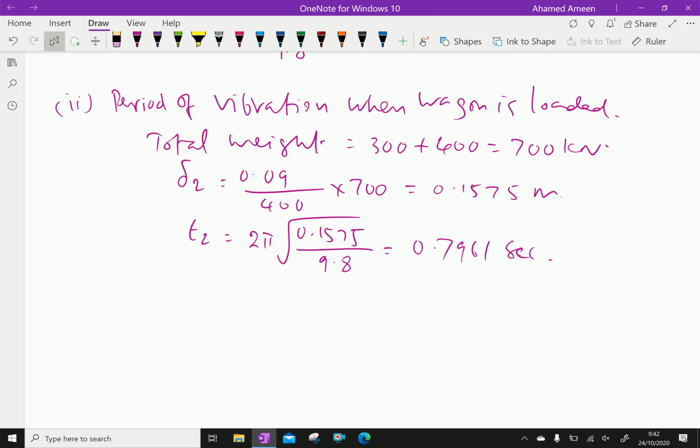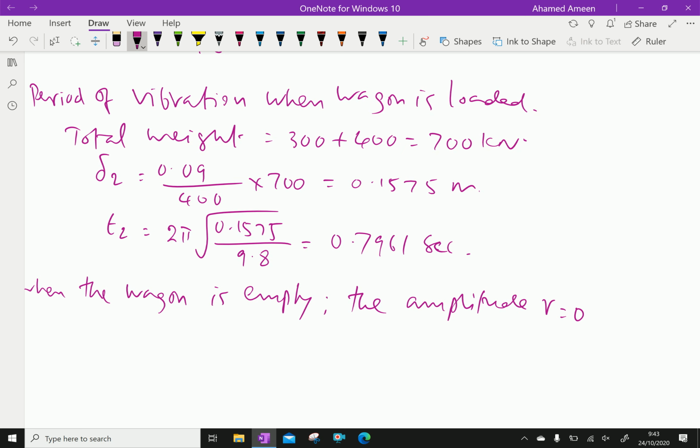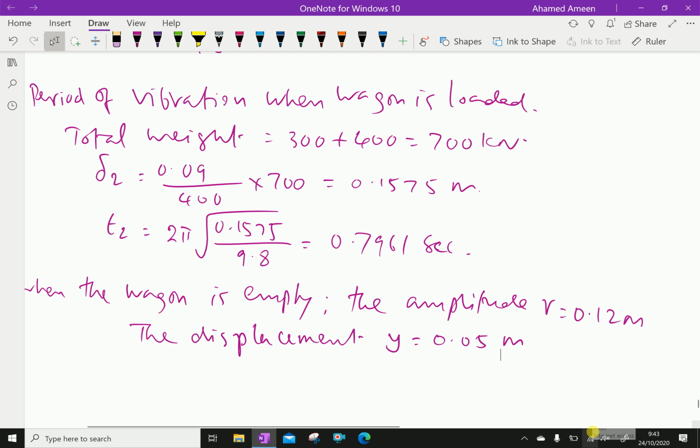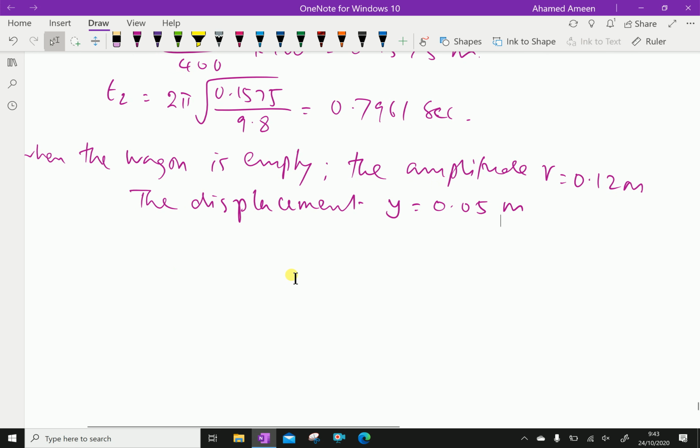Now when the wagon is empty, the amplitude of vibration R equal 0.12 meter, and the displacement, let this displacement be y, which is equal 0.05 meter.